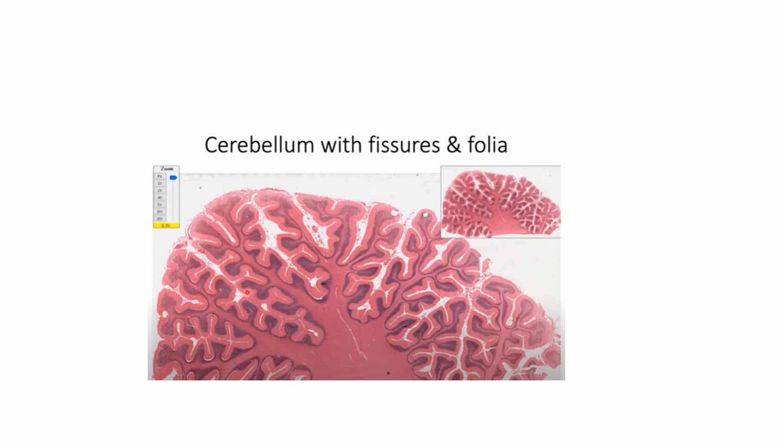This is the arbor vitae appearance of the cerebellum, which is quite a peculiar thing. When the slide is given, you can identify these fissures and folia, and by looking at this only you can identify the slide. So whenever a nervous system slide is given, pick up the slide and see it with your naked eye.